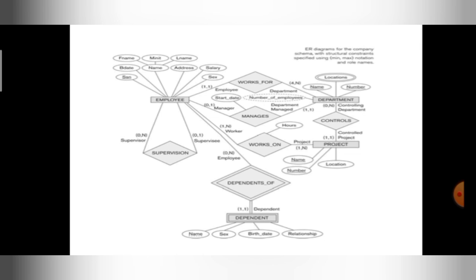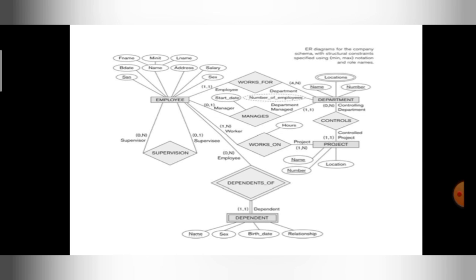And one more important thing, there will be total participation between the weak entity and the strong entity. Total participation means the dependent is totally dependent; the relative totally depends on the employee. That's why total participation. Why does the relative totally depend on the employee?